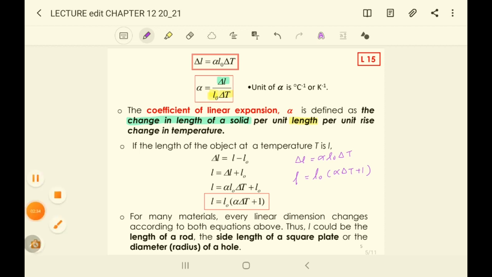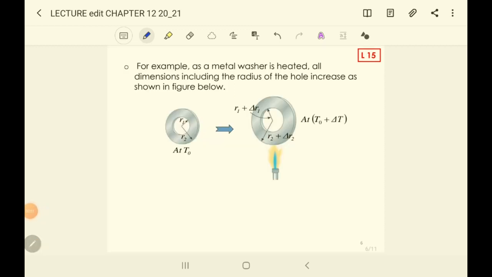Next, look at this example. Let's say we have a metal washer that is heated. What happens? All dimensions, including the radius of the hole, will increase. Given that R1 is the inner radius while R2 is the outer radius, after heating there is a change in the radius R1 and also R2.